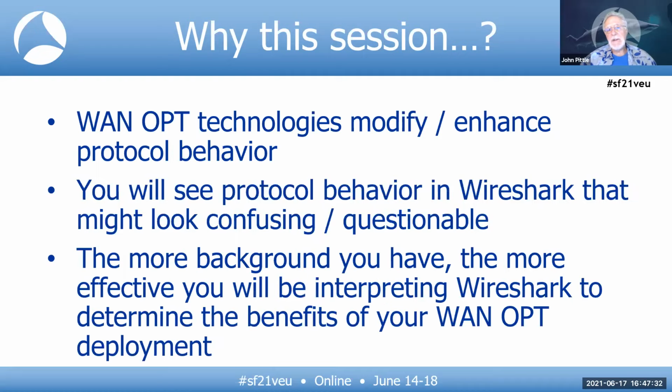The more background that you have, the more effective you will be interpreting Wireshark to evaluate your WAN op deployment, whether you want to make sure it's configured properly or you're doing a proof of concept and you want to make sure it's providing the benefits that you were expecting.